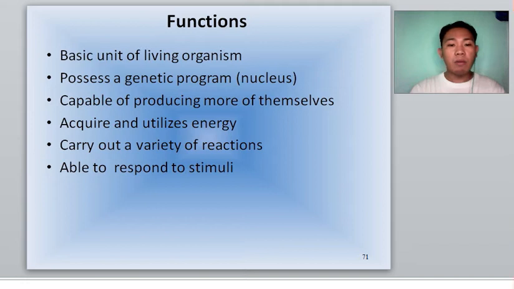Cells also acquire and utilize energy. Plant cells acquire energy from the sun, and animals utilize energy from eating food. Cells are also capable of metabolism and able to respond to stimuli, particularly from the outside world.